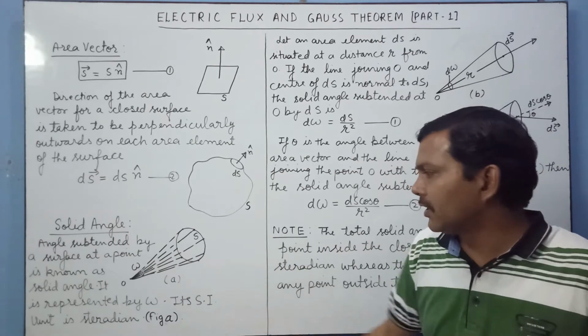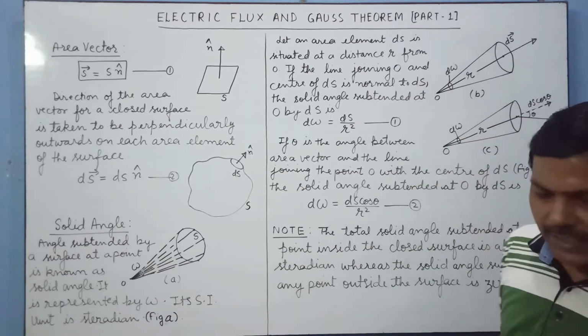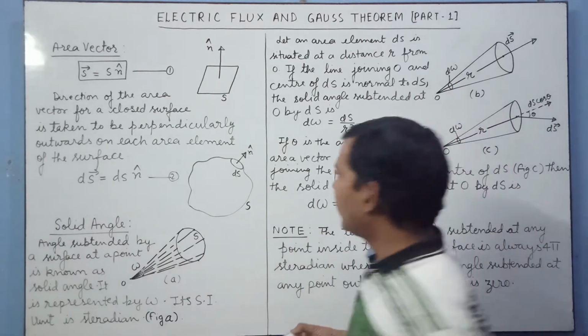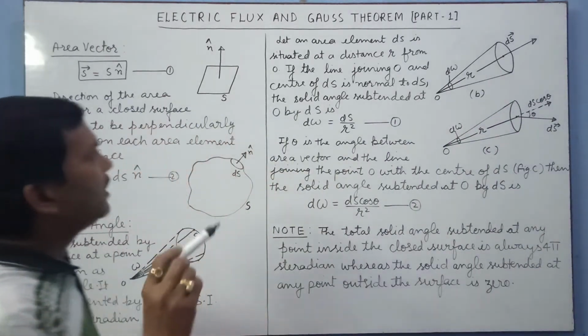Its SI unit is steradian. The SI unit of solid angle is steradian. Now we will come to the element.